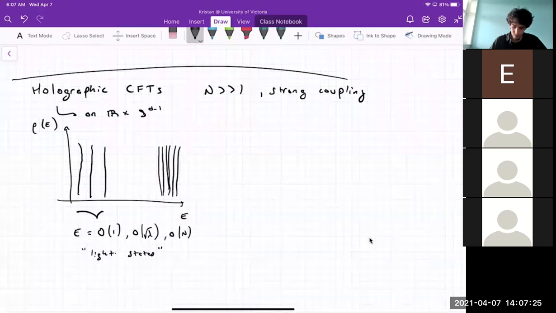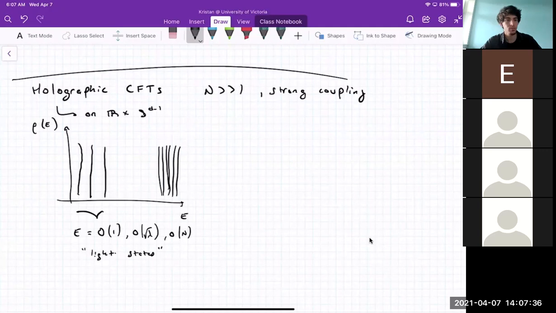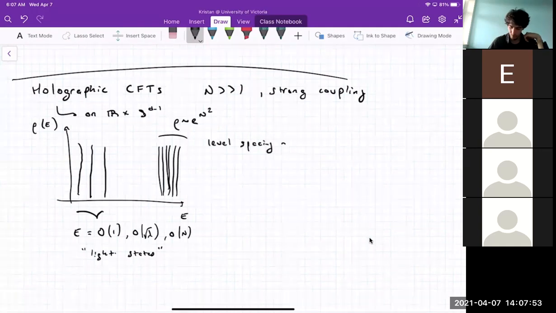and so the density of states is some complicated Dirac comb where there are states at fixed energy. There's an enormous number of states over here. If you were to coarse-grain over a small window, there are order e to the N squared states over here, with a level spacing of order e to the minus N squared.